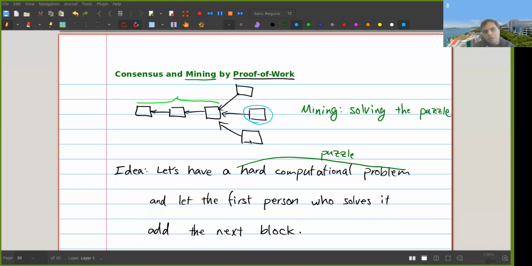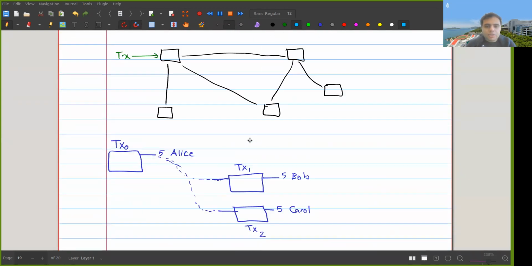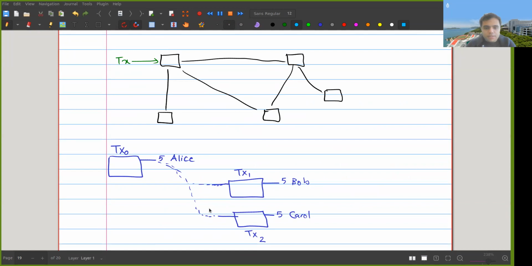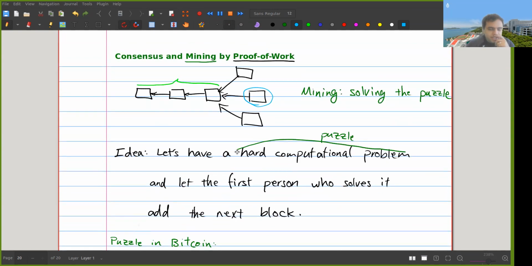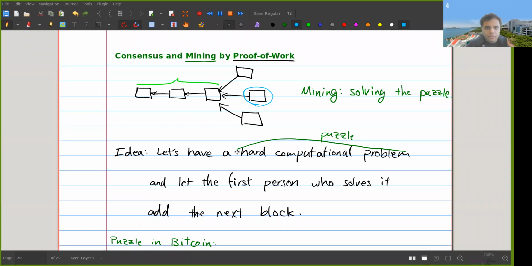So now the problem is what happens if two miners find a valid block that should be added at roughly the same time, so that when they announce their blocks to the network, as a node in the network, you have a problem similar to this. Instead of getting two transactions and not knowing which one came before which, you might get two valid blocks and not know which one is the earlier one.